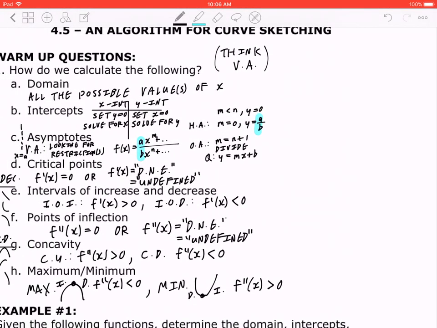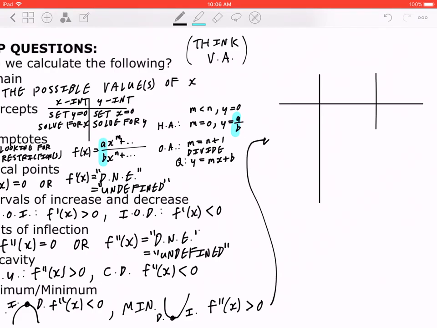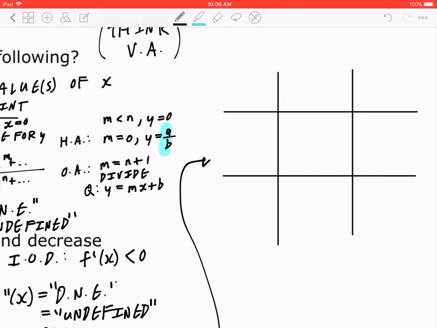Now, let's give you a couple more bonus ideas. This is extremely, extremely important. If you want to be able to graph virtually anything from your textbook and your homework and in this course, this is the one graph you have to memorize or at least understand really well. So if you think about this, and we did this in the previous lesson, this is the combination of increase, decrease, and concavity.